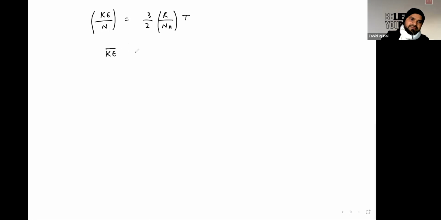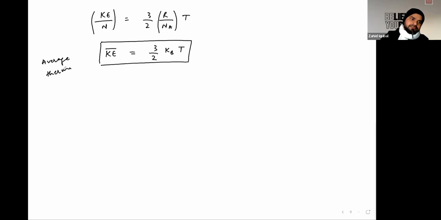So this is the average kinetic energy, 3/2, and this is another constant Kb multiplied by T. So this is the final expression of average thermal kinetic energy.